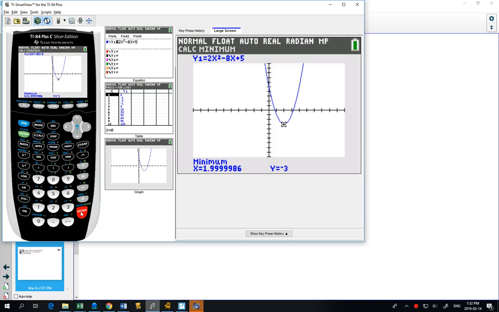And once it gets close enough, it says, that's good. I'm close enough. I feel good. And so this one decided to stop when it got this close. But in reality, the answer is at 2, negative 3. So there's still room for improvement on this calculator.